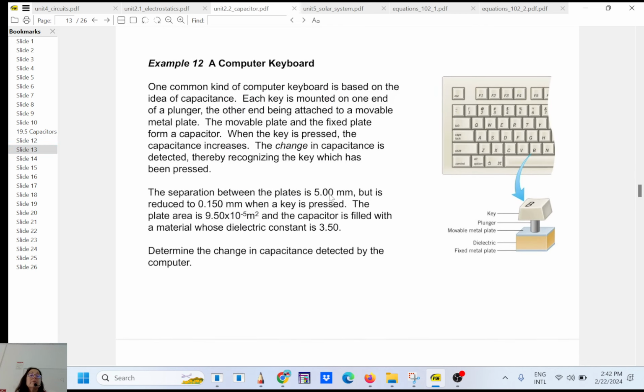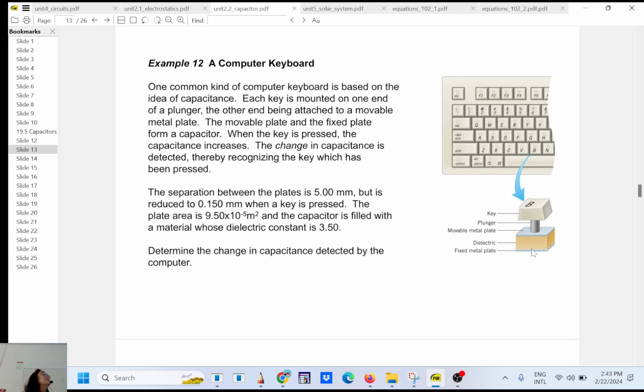So let's do an easy application, just maybe the first one. At least lay out the equation. So you see the keyboard, you have a key, let's say B. Let's select the key B. And you see it's attached to a capacitor. When you push the key, you decrease the distance here.